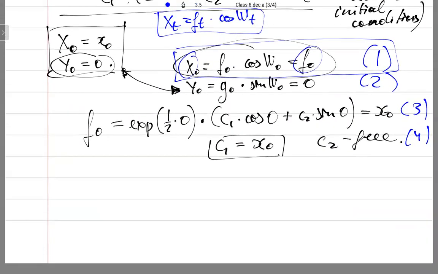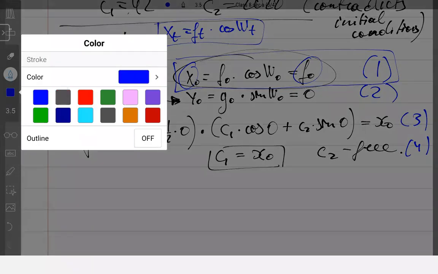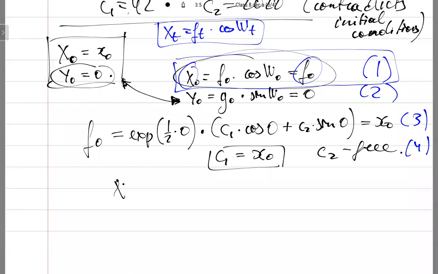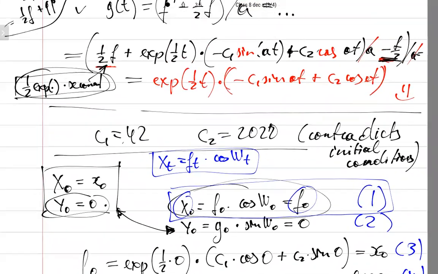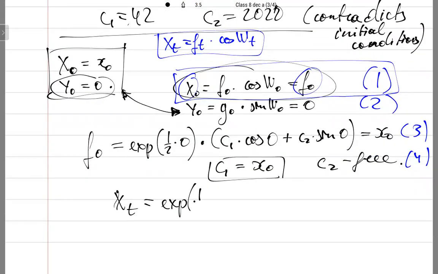Okay, and finally we have a solution, infinitely many solutions. So xt is just exponent of 1/2t times x0 cosine of at plus c2 sine of at.